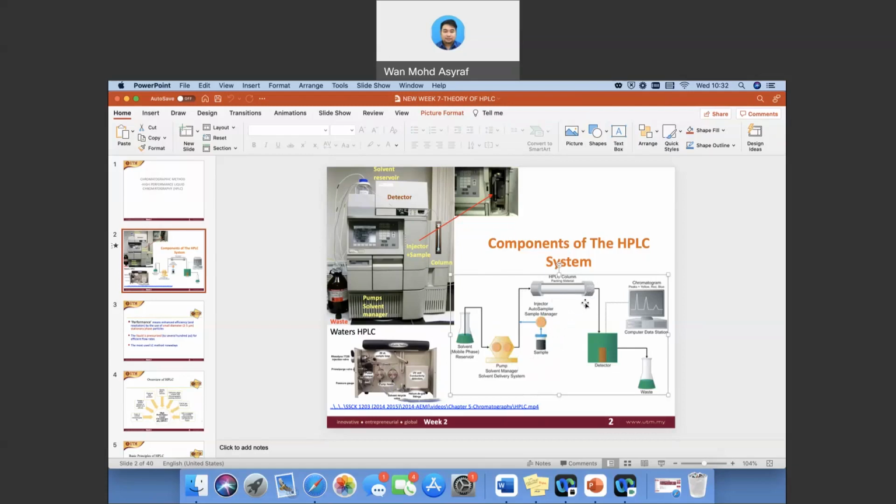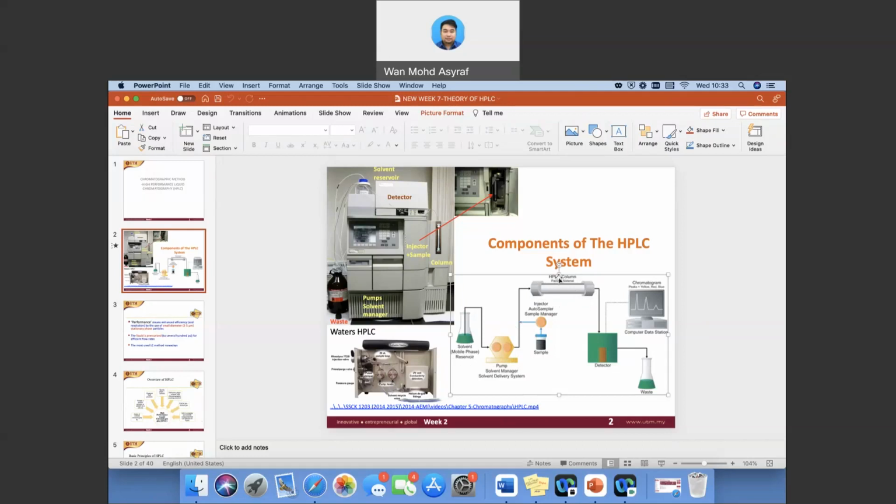Now we are looking at the column here. This is where the separation happens. This column holds the stationary phase, and initially you have the mobile phase. The stationary phase can be a polar or non-polar stationary phase, depending on the separation.